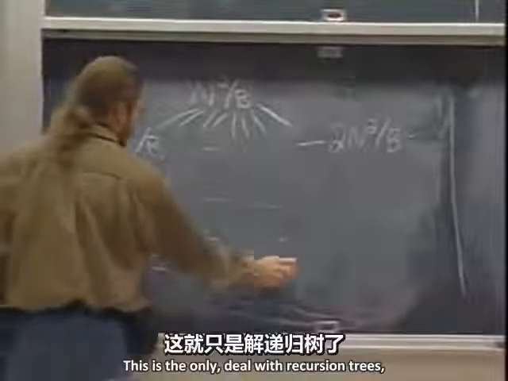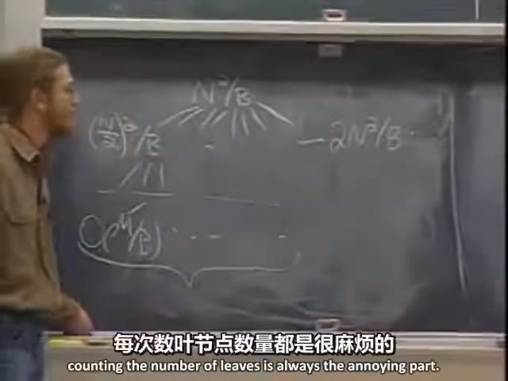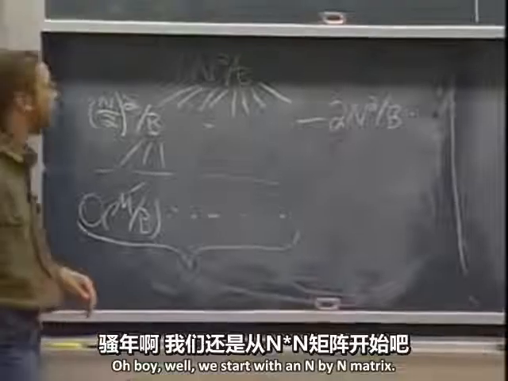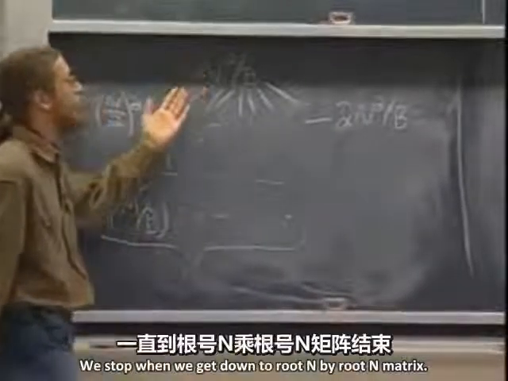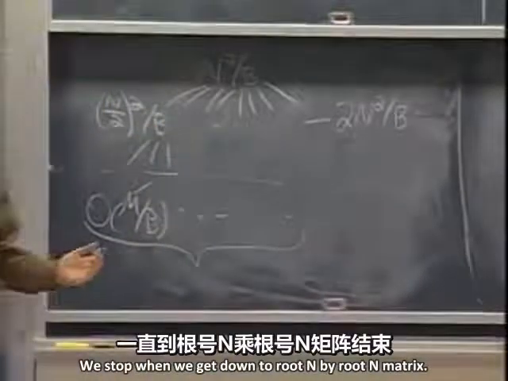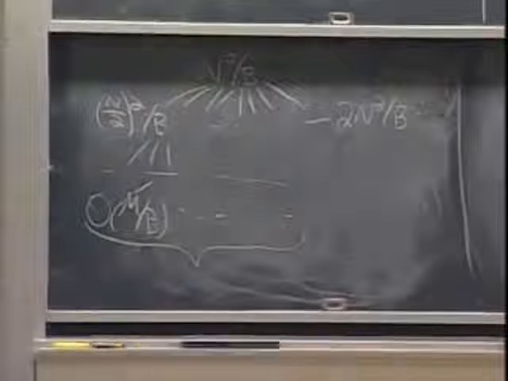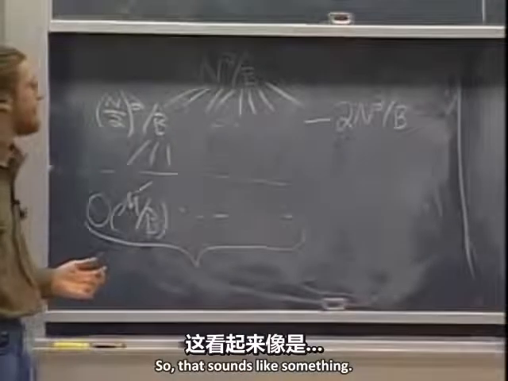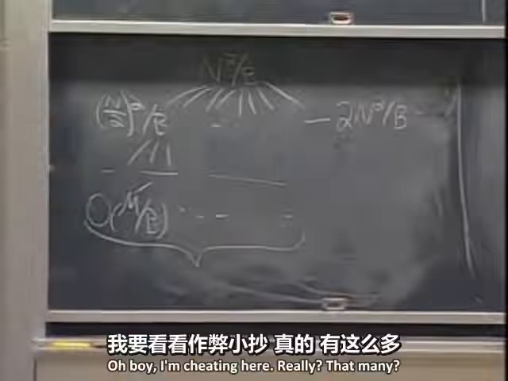If you deal with recursion trees, counting the number of leaves is always the annoying part. Oh boy, well, we start with an n by n matrix. We stop when we get down to a root m by root m matrix. So that sounds like something. Oh boy, I'm cheating here.